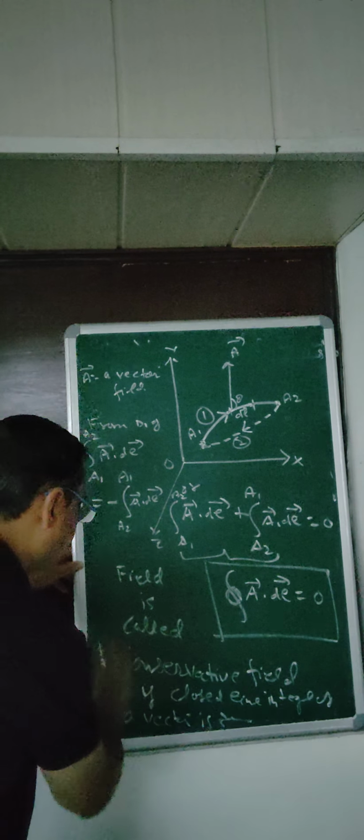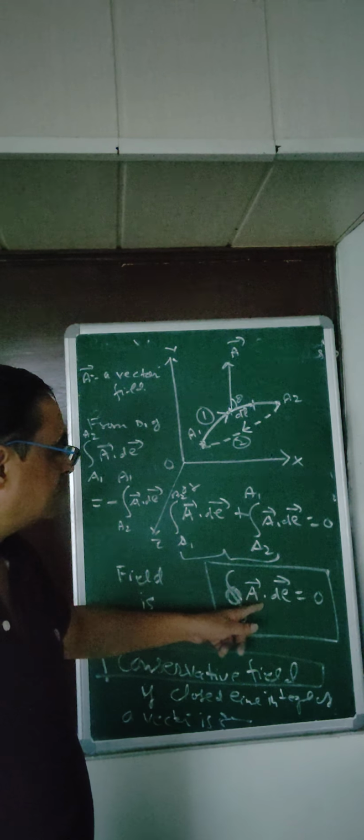This is very important. What is a conservative field? This thing is also asked in objective type questions. So you can write that a field is said to be conservative if the line integral of this vector field along a closed path is equal to 0, and mathematically the closed line integral of A dot dl is equal to 0.